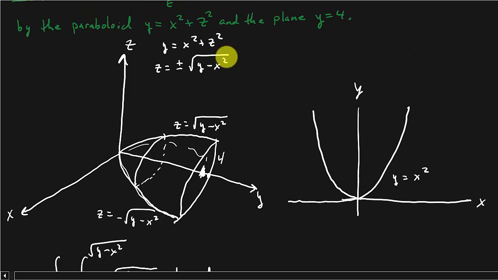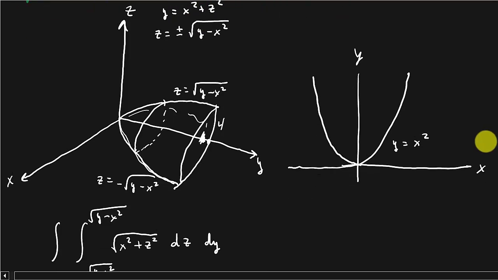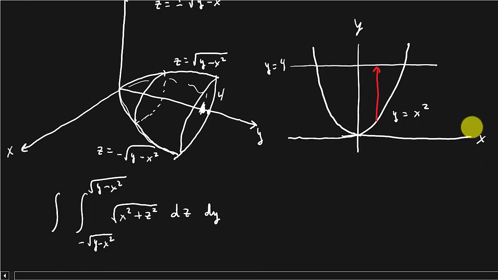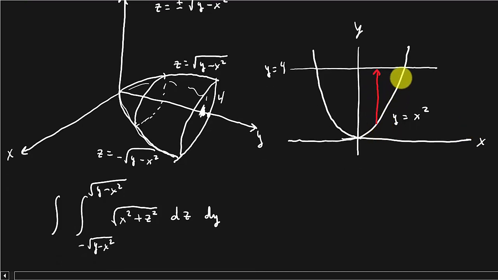If z is 0, we get y equals x squared, and it's bounded by the line y equals 4. I'm integrating with respect to y, so I'm going from here up to here. My y value is going from y equals x squared all the way up to where y is equal to 4.